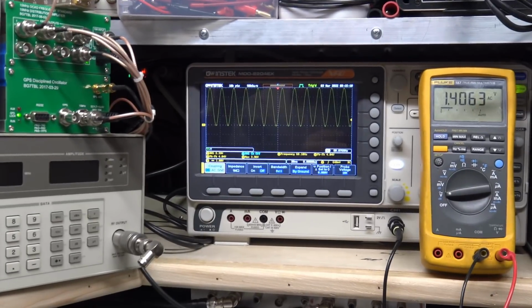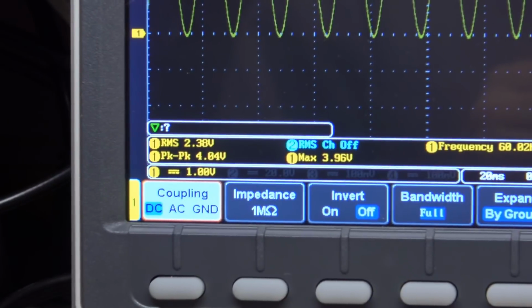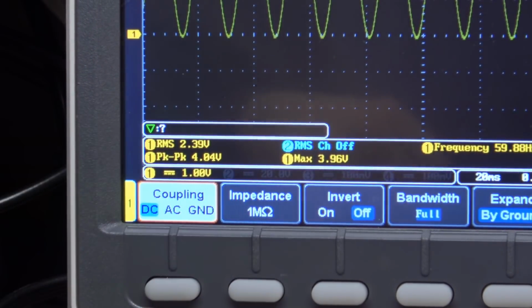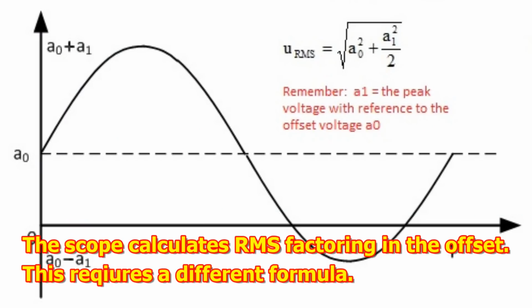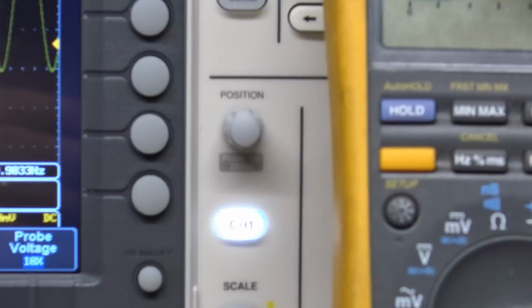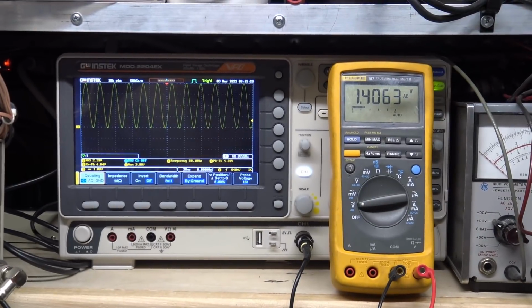But if you look at our scope, it's calculating it much differently. It's saying that it's 2.38 or almost 2.4 volts. So it's reading differently, so which one really is the real RMS and why?